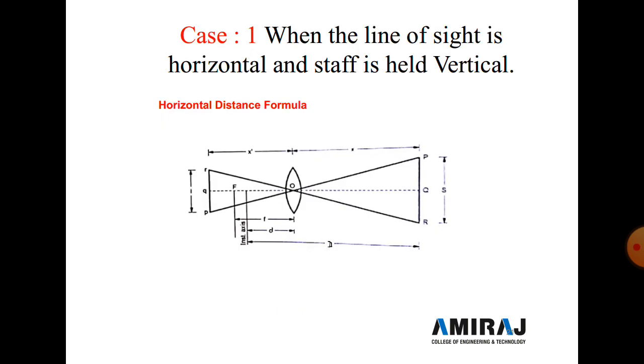Let's start with case number 1, when the line of sight is horizontal and the staff is held vertical. See this figure.